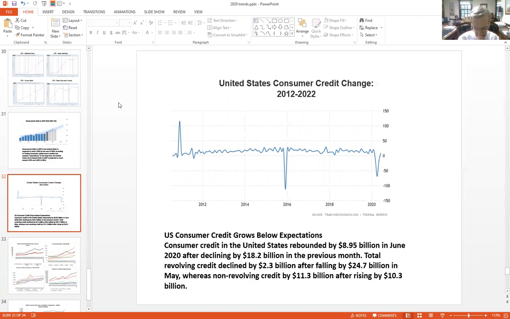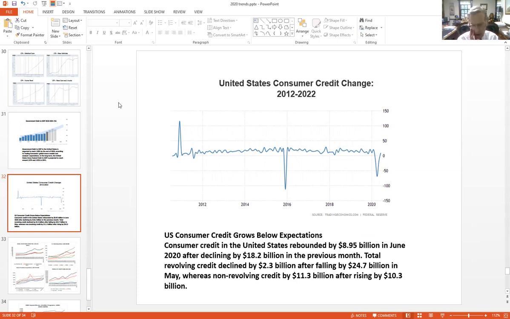There are details here. I think maybe the notes indicate that revolving credit, the credit on your credit card, declined quite a bit and has in recent years.